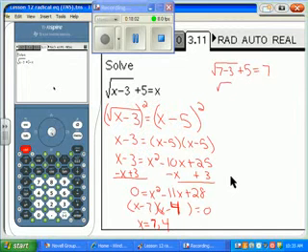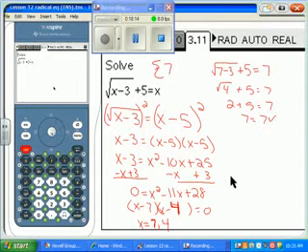Okay? So we get the square root of 7 minus 3 plus 5 equals 7. 2 plus 5 equals 7. 7 equals 7. That one works. So here's part of our solution. Let's see if the other one works. 4 minus 3 plus 5 equals 7. Square root of 1 plus 5 equals 7. Not 7.